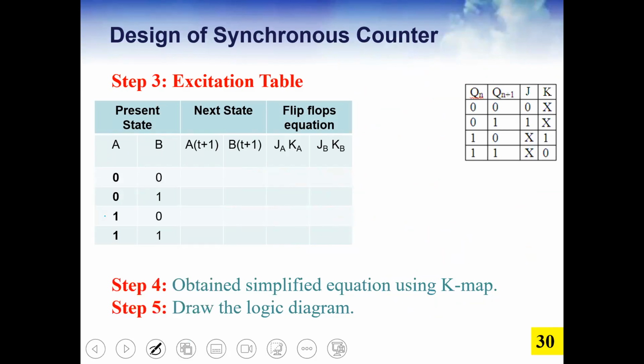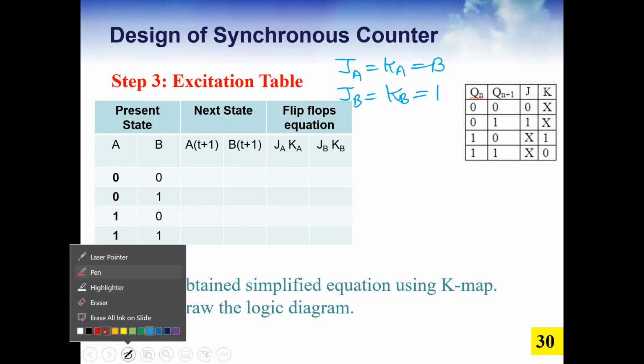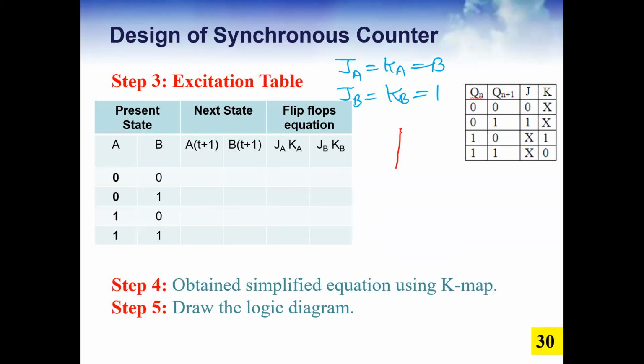For the design, you just write what we got earlier. We got JA is equal to KA is equal to B, and then JB is equal to KB is equal to 1. All right, so do the design. We have to have two flip-flops for this counter.